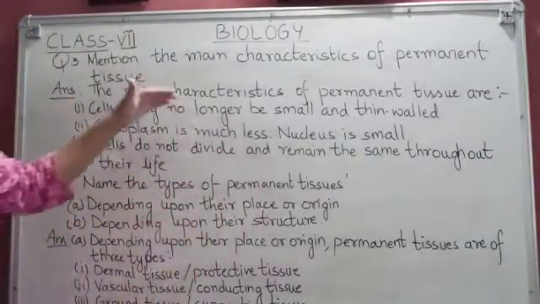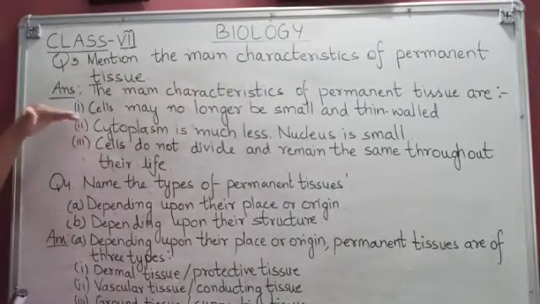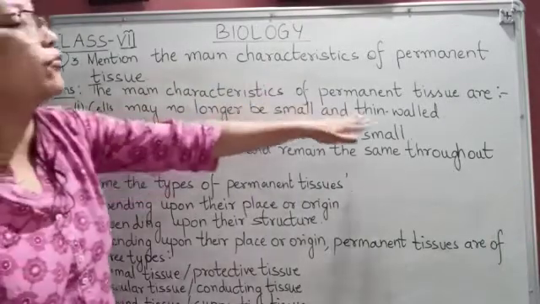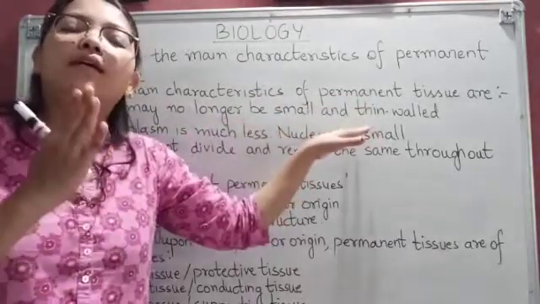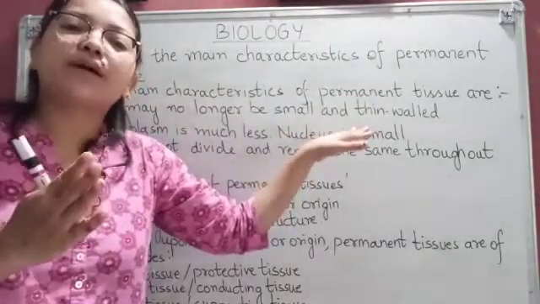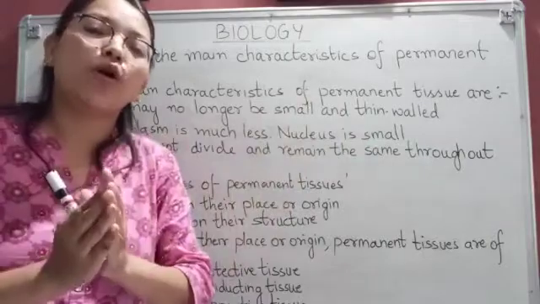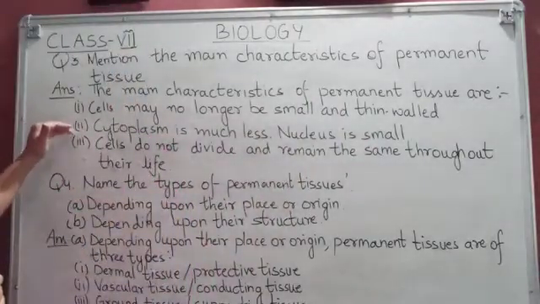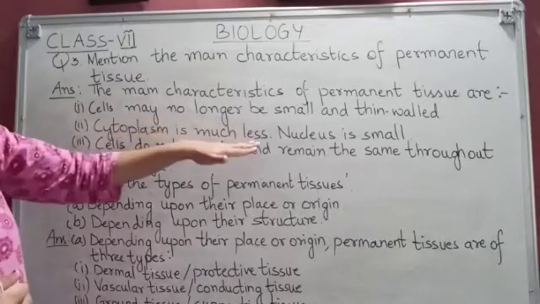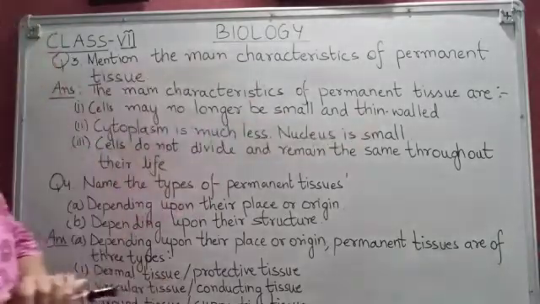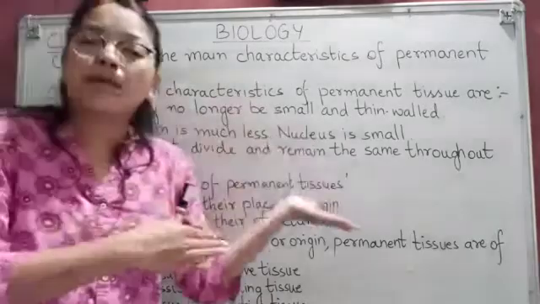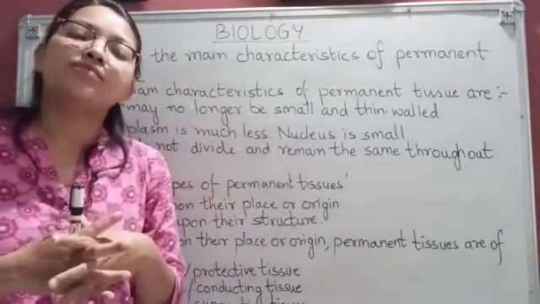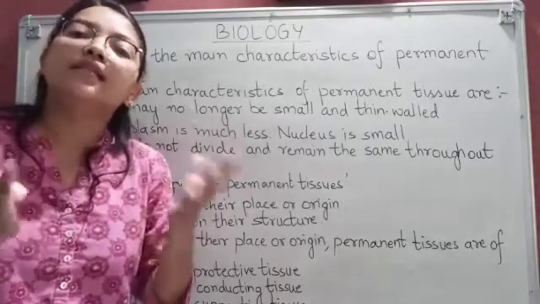The main characteristics of permanent tissue are, first, that cells may no longer be small and thin walled, whereas in meristematic tissue, cells are small and thin walled. Second, cytoplasm is much less and the nucleus is small. But meristematic tissue cells are rich in cytoplasm and the nucleus is large.